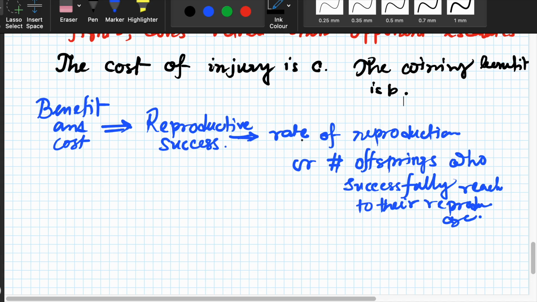One escalates and the other becomes dormant and leaves the ground. So why are these two types of behavior there?